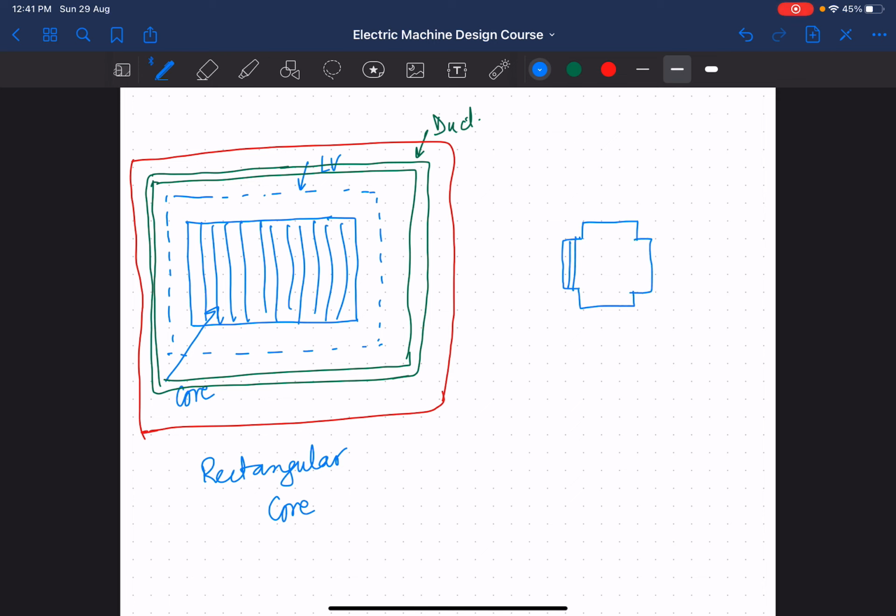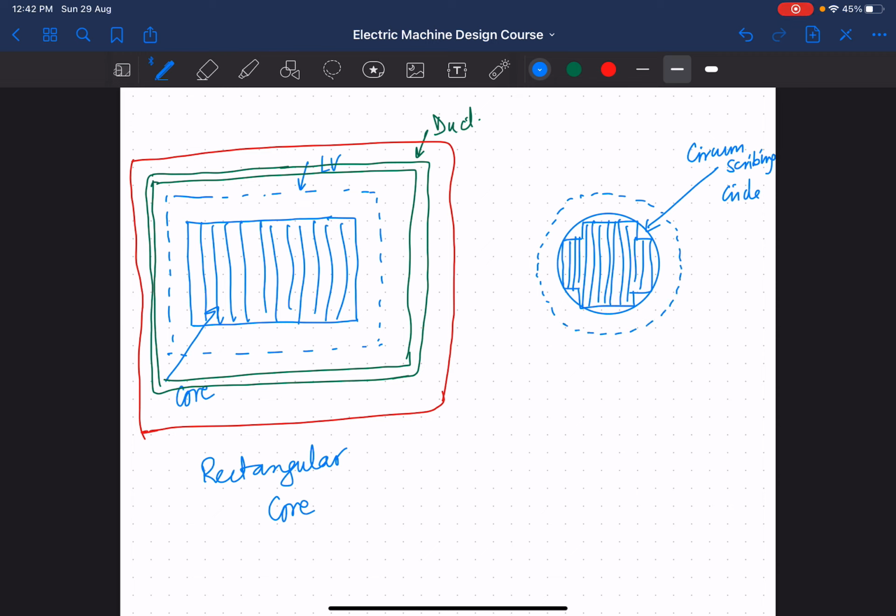So you see that this boundary, this circle on the outside, is known as the circumscribing circle. And you have the LV winding encircling it.